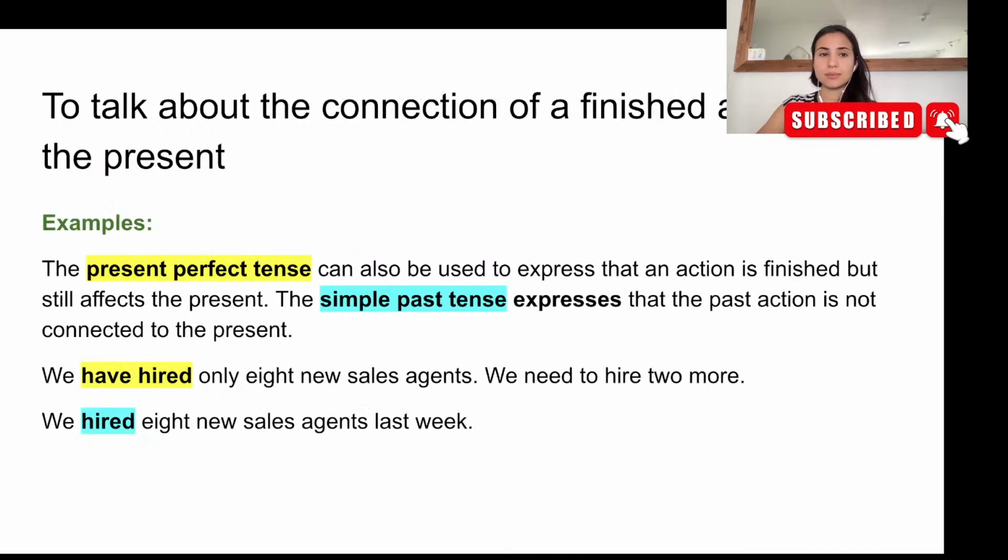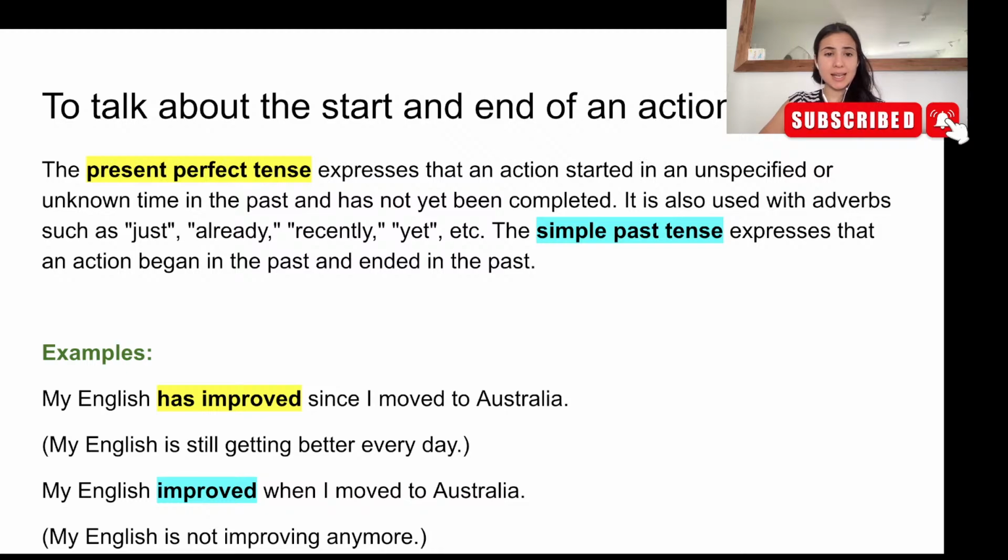Next one, to talk about the connection of a finished action to the present. So the present perfect tense can also be used to express that an action is finished but still affects the present. So if we go back one slide, we said in our previous slide that the present perfect tense expresses an action that started in the past and has not yet been completed.